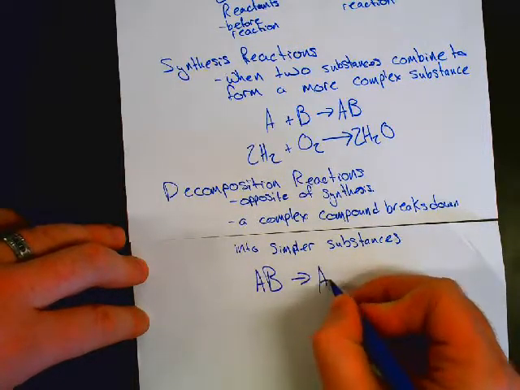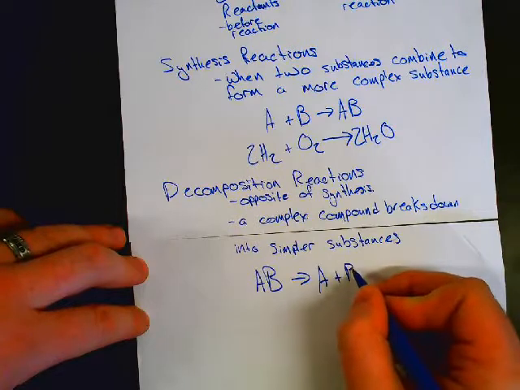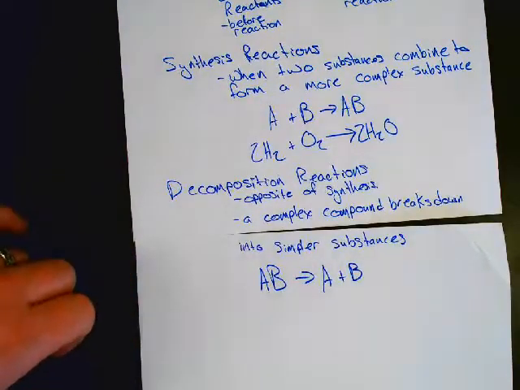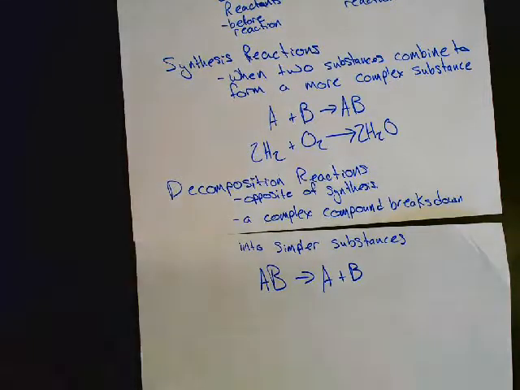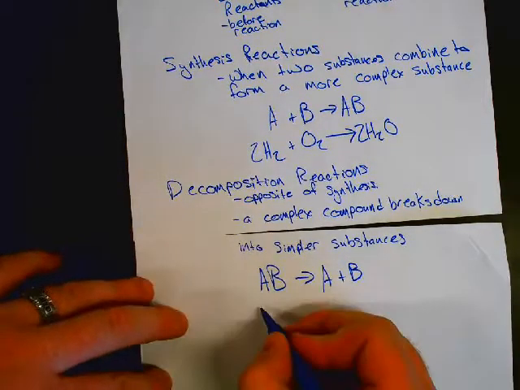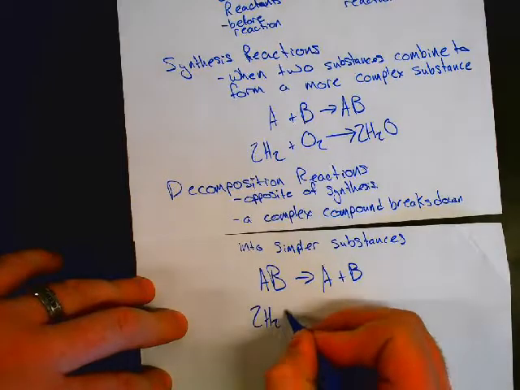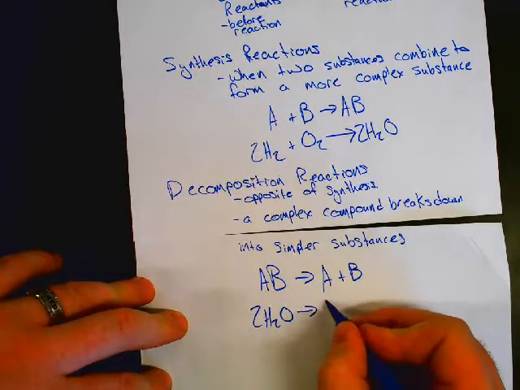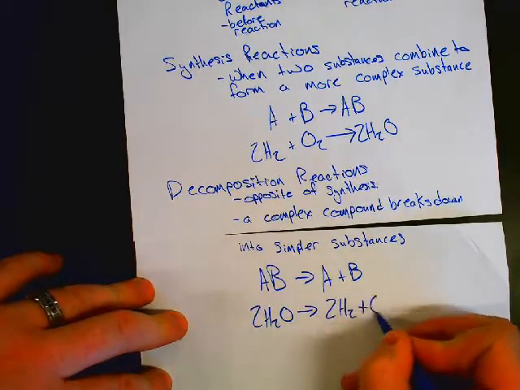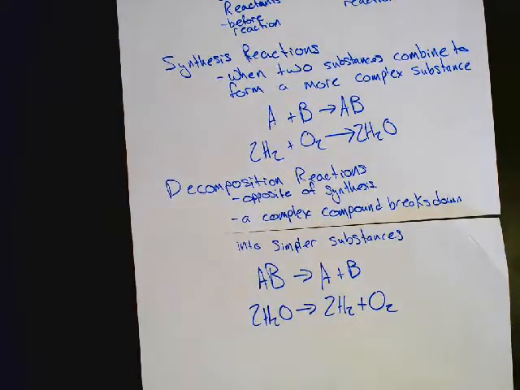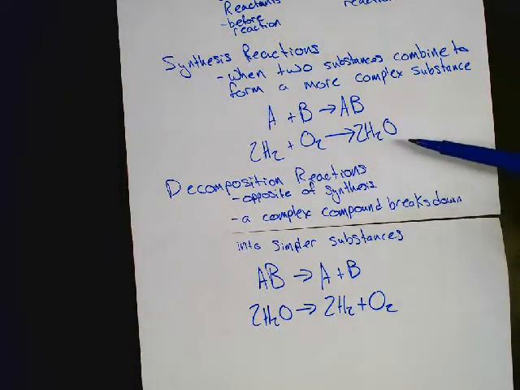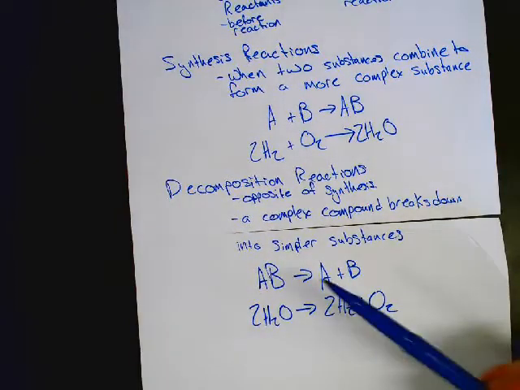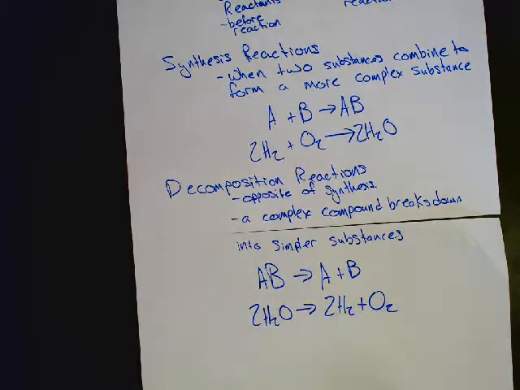I'll do A plus B, but yeah. AB reacts to produce A plus B. And if we want to use this in terms of an example, we can talk about water. H2O reacts to produce 2H2 plus O2. So in the first one, we could combine hydrogen and oxygen to produce water. And in this one, we can take water and we can split it apart into hydrogen and oxygen.